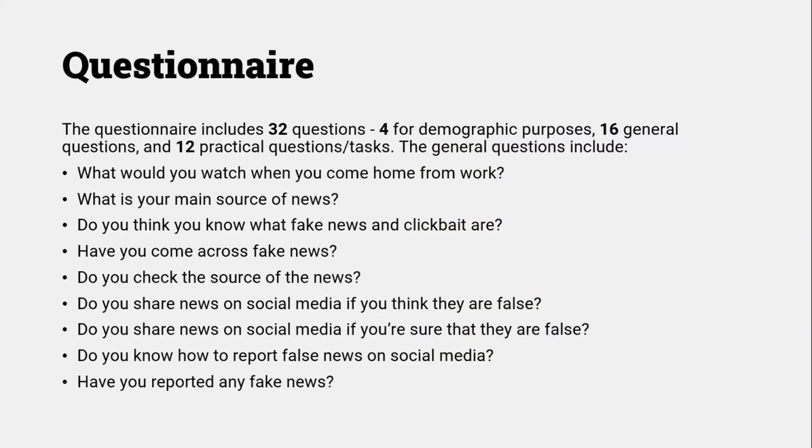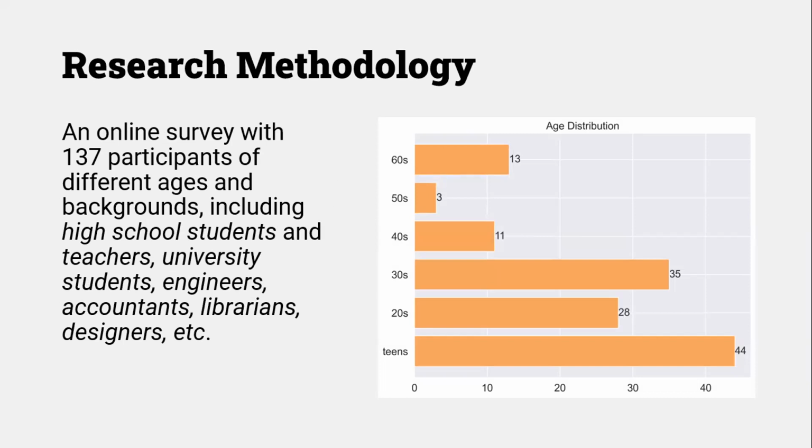Due to the small number of participants in their 40s, 50s, and 60s, these groups are not taken into consideration in the general conclusions. It would be a good idea to make an additional survey for these age groups because they are interesting and actually big contributors to the problem of fake news.